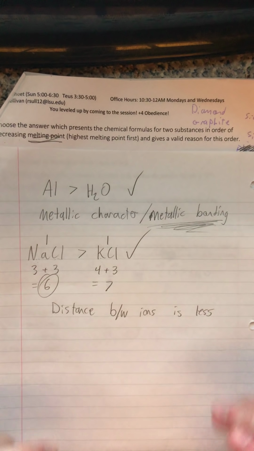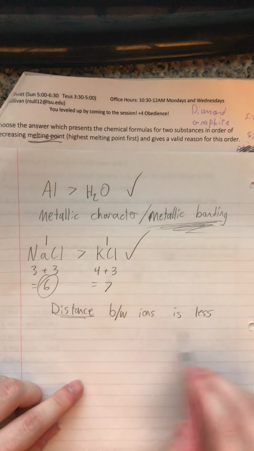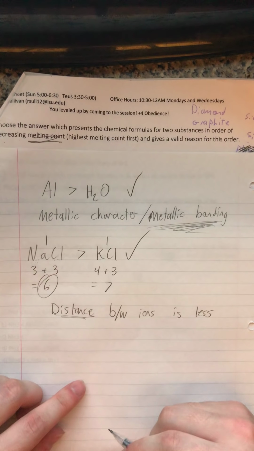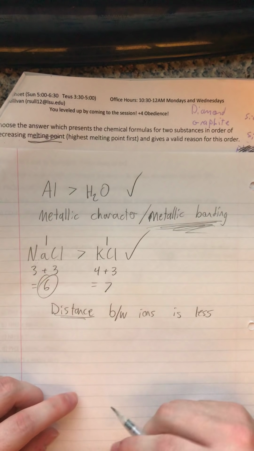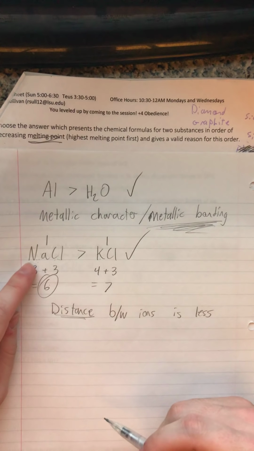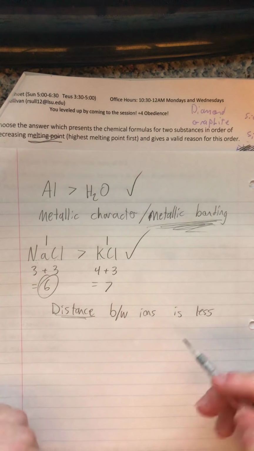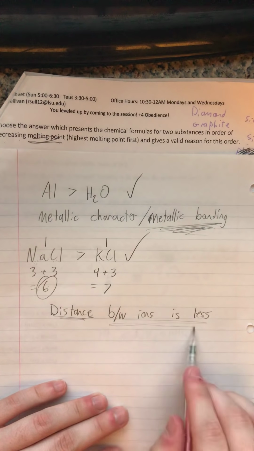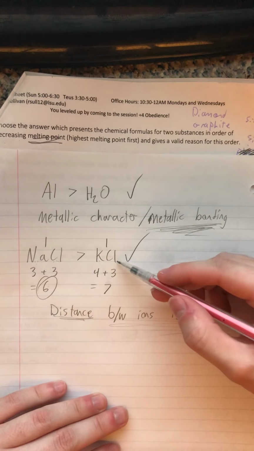And the actual formula for lattice energy involves distance between ions. That's what you're figuring out when you're summing up the rows like that. The closer two ions are together, like within an actual bond, then the harder they are to separate. So that gives it a higher lattice energy. So this is the actual reasoning, and this would be the correct order.